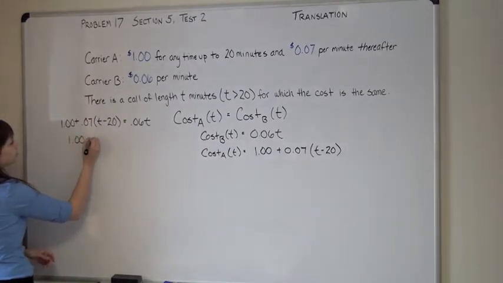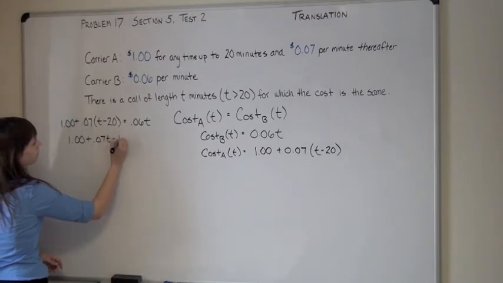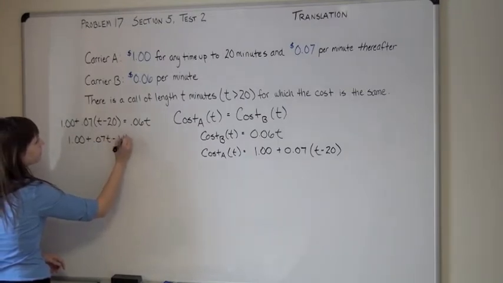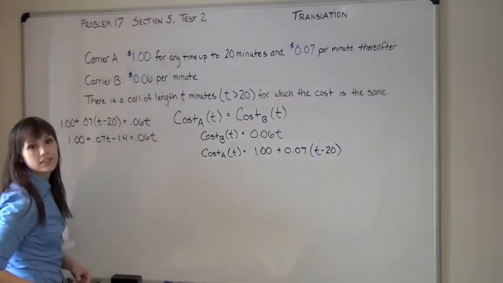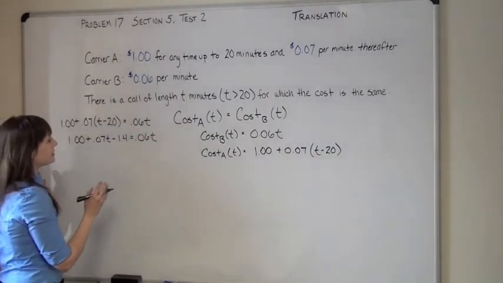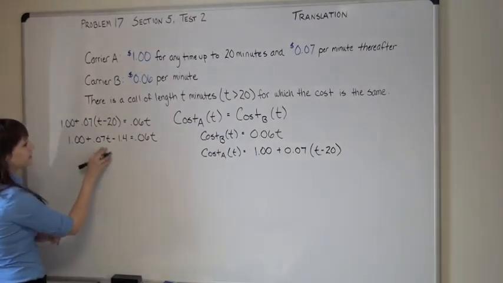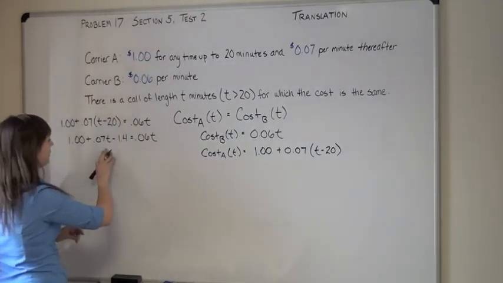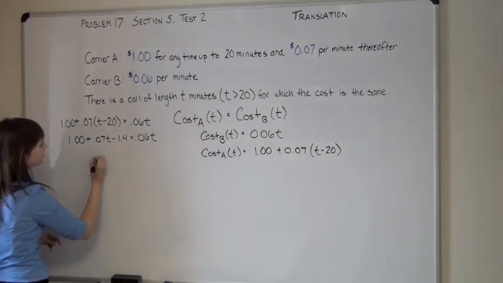I'll distribute this 0.07 out. Now we just have to get like terms on the same side. T's on one side, numbers on the other. So I'll get the t's over here because it'll give me a positive value to work with. So subtract 0.06t from both sides.